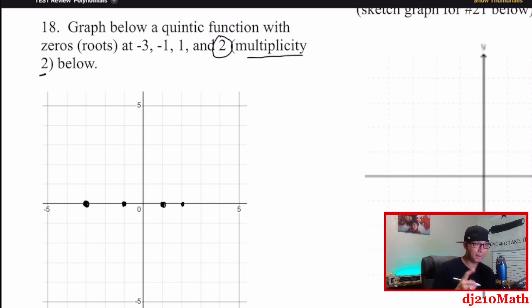So I know it's going to bounce at 2, right? Let's handle that part first. So that means at 2 is going to bounce like this. At 1 is going to cross. Negative 1 is going to cross. And then negative 3 is going to cross.